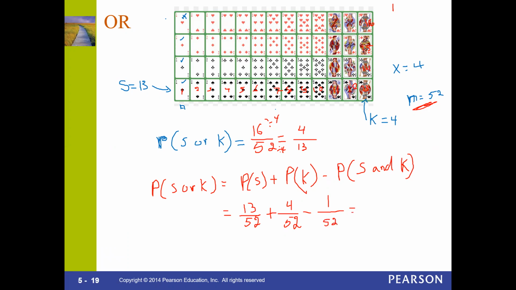If you do the math, out of 52, you're going to say 13 plus 4, take away 1. That's going to give you 16 out of 52.